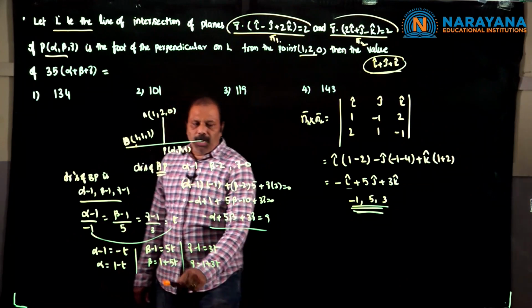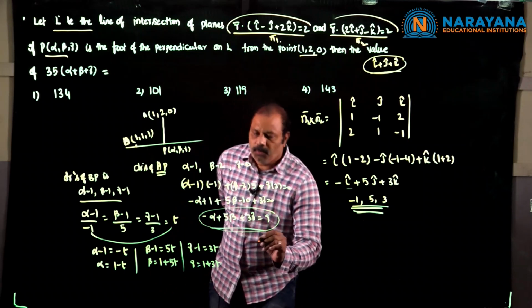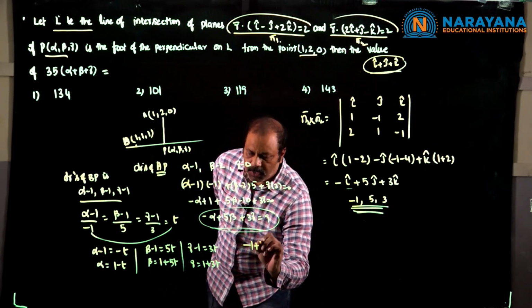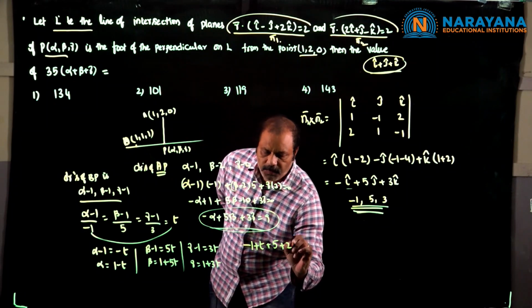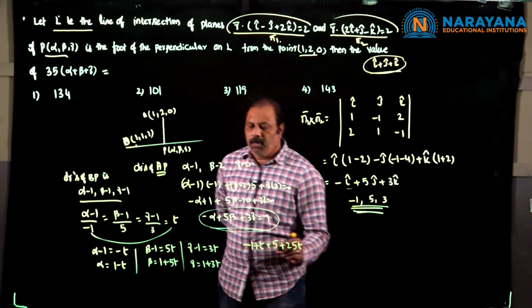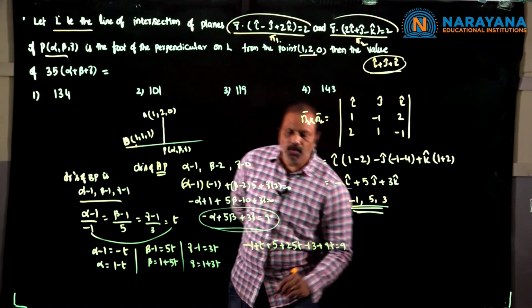By substituting the alpha, beta, gamma values in this equation, we get minus 1 plus T, 5 beta means 5 plus 25T, 3 gamma means 3 plus 9T is equal to 9.